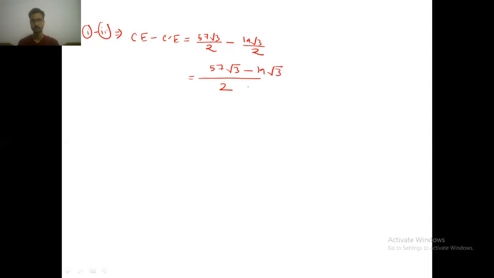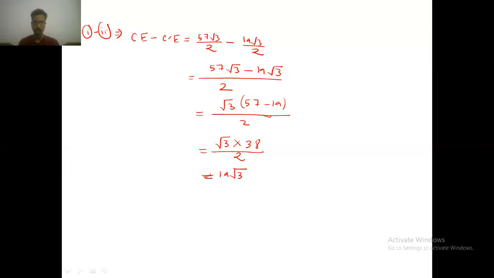Now see, you can take root 3 common. It will be 57 minus 19 by 2. Now if you subtract 19 from 57, it will be 38 by 2. Now if you divide it, it will be 19 root 3. Yes or no? 19 root 3.